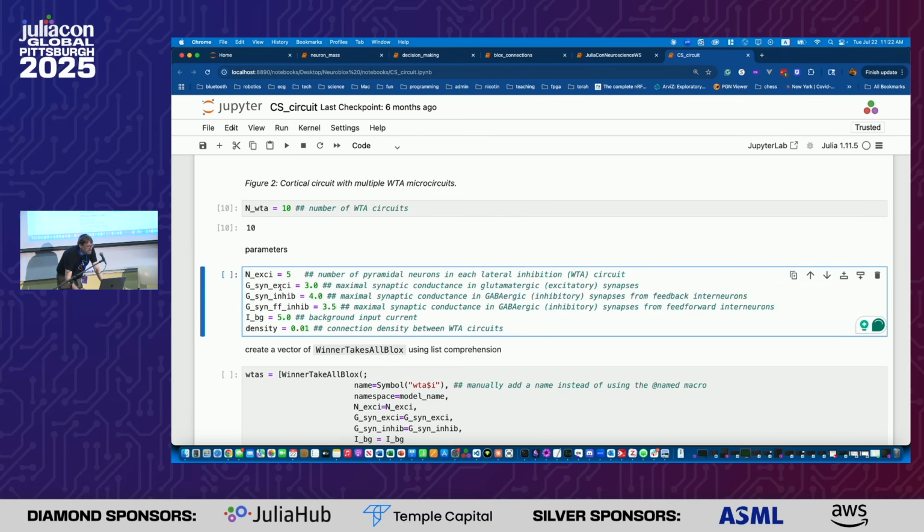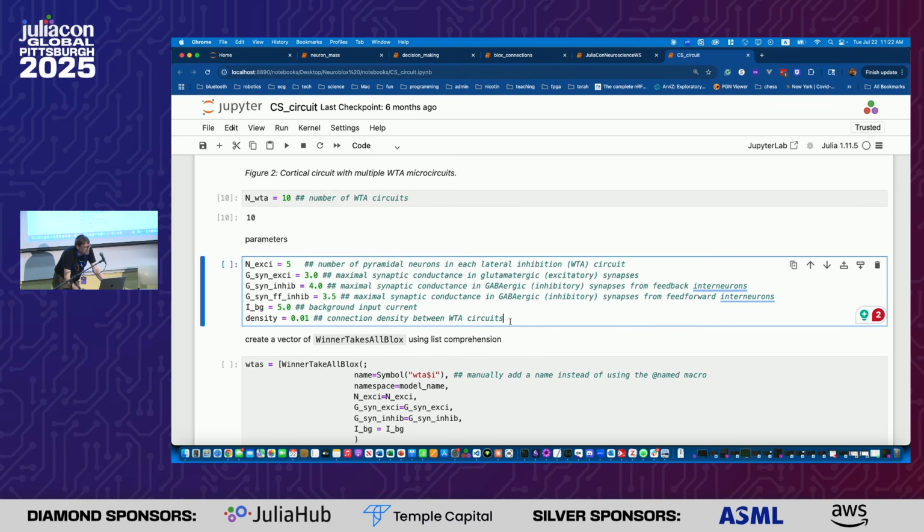So here, as parameters, what we can do is we can take the maximal synaptic conductance of the excitatory neurons, the maximal synaptic conductance of the inhibitory neurons, the maximal synaptic conductance from the inhibitory synapses for feed-forward interneurons, and the background current and the density.